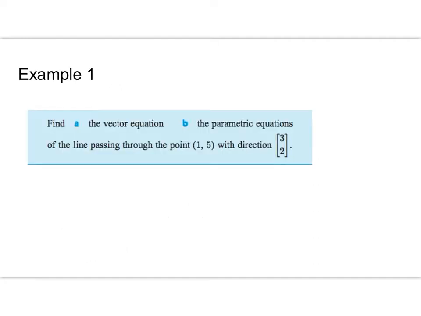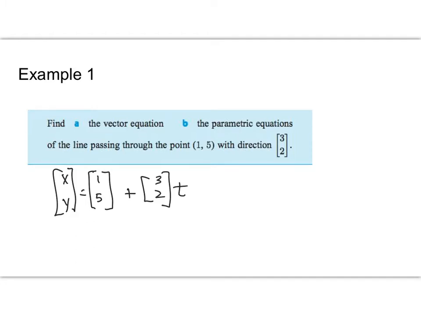Okay, so first example, I want to find the vector equation and the parametric equations of a line passing through the point 1, 5 with a direction of 3, 2. So 1, 5 is going to be my initial point, and that's my x and my y coordinates. And then 3, 2 is my velocity vector, and time is my parameter.